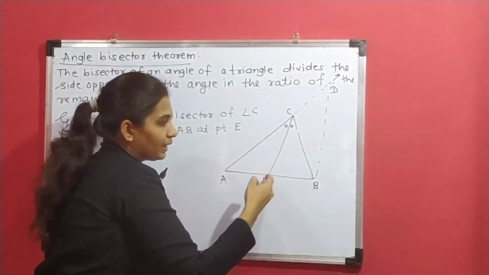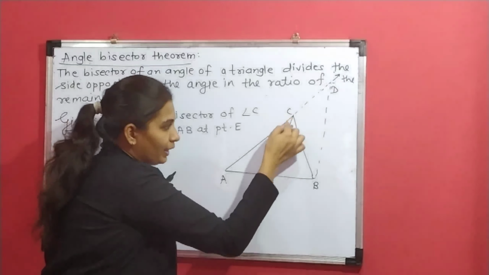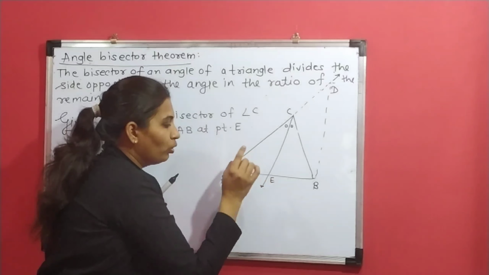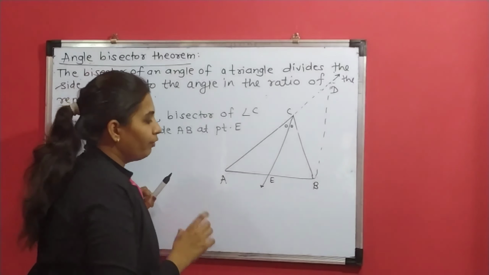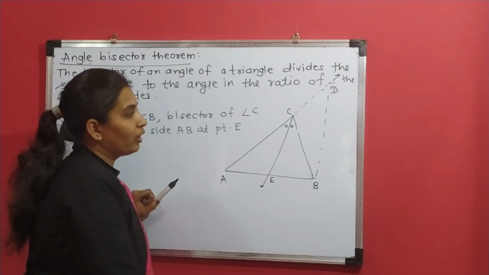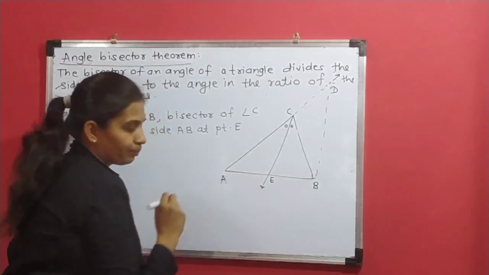This is the bisector of angle ACB and it is dividing this opposite side AB into two parts by point E. So we got AE and EB, two segments after intersecting the bisector to the opposite side.